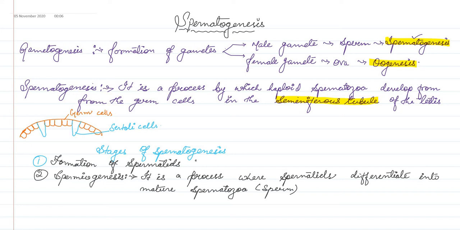And formation of spermatids. In this stage, what happens? What are the functions of this stage? So beta, in the formation of spermatids, spermatogonia divide to produce spermatids.